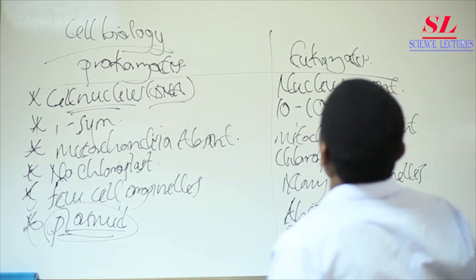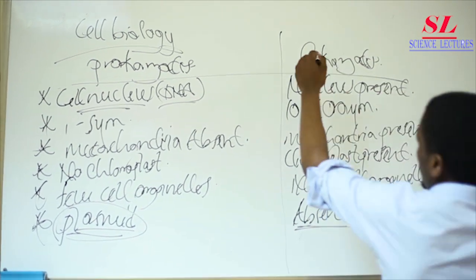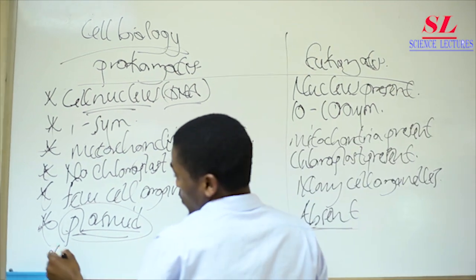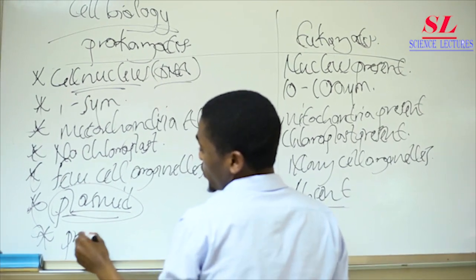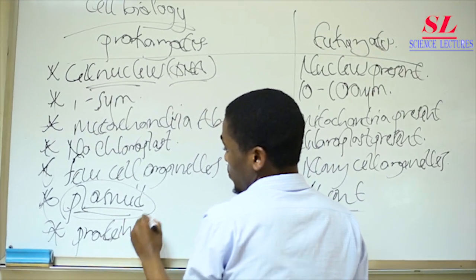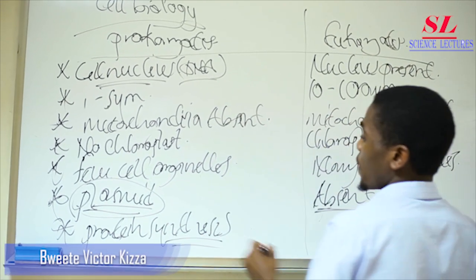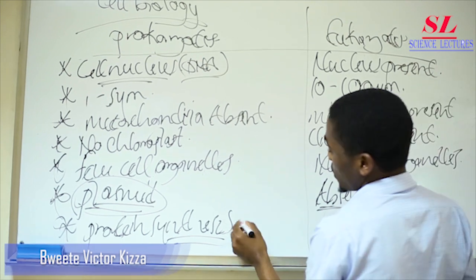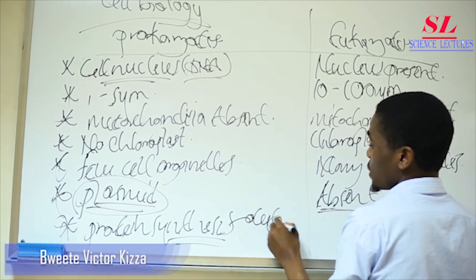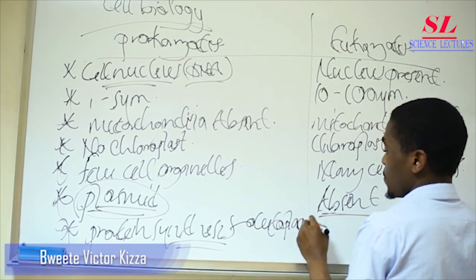Maybe another difference we can think of is for prokaryotes, when they are doing what we call protein synthesis, this is manufacture of a protein, their protein synthesis takes place entirely in the cytoplasm.